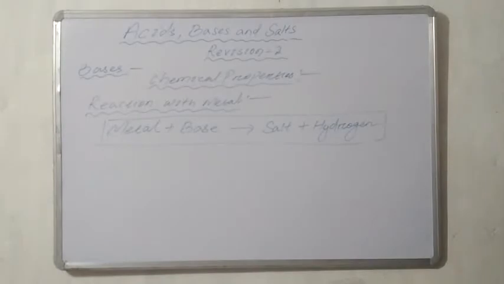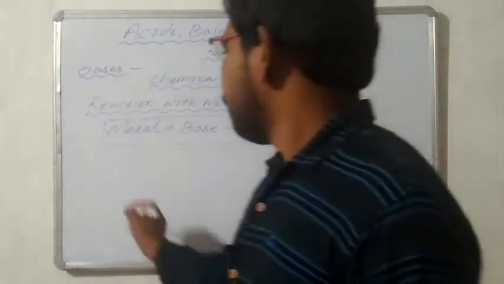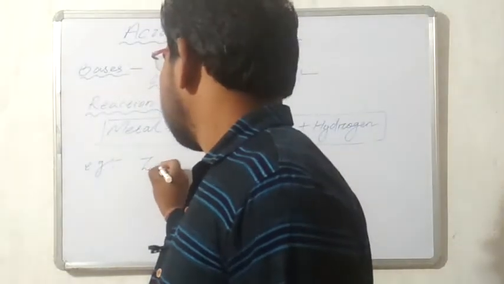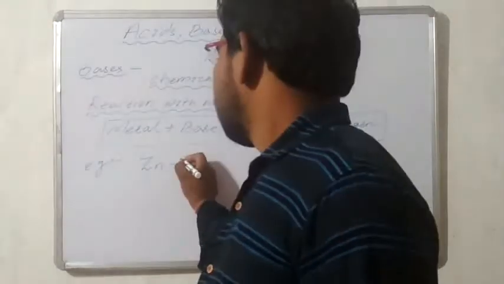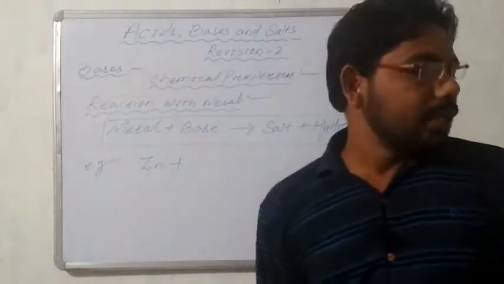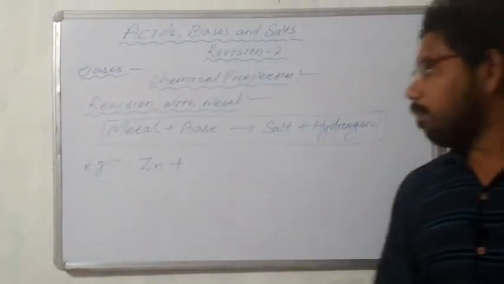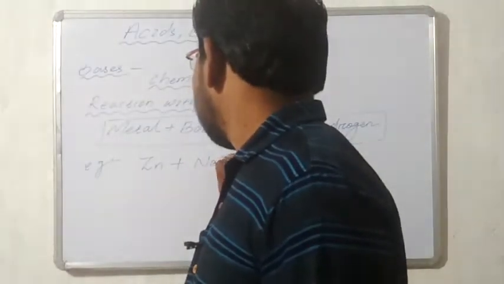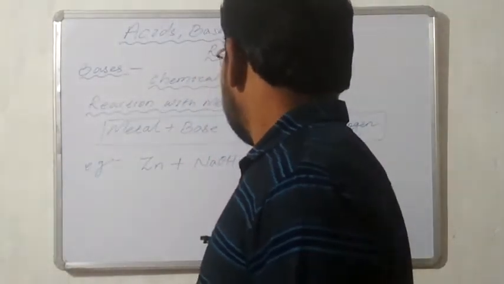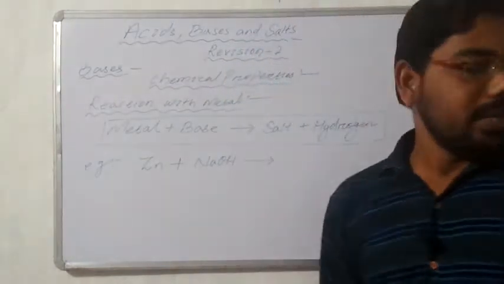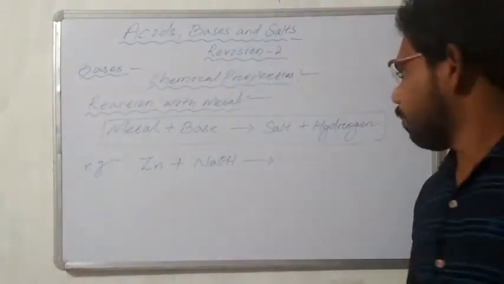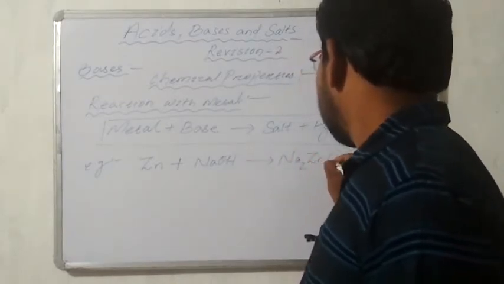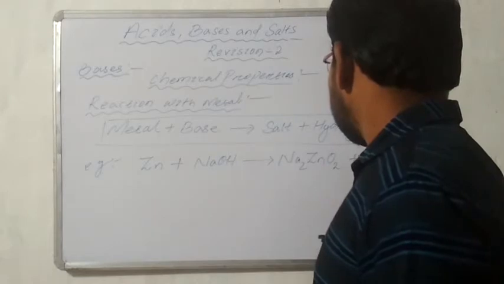Now we discuss one example of this. Suppose we take a metal like zinc, because zinc is a reactive metal. In place of the base, we take sodium hydroxide, NaOH. Then one salt is formed, that is Na2ZnO2, plus hydrogen gas, H2.